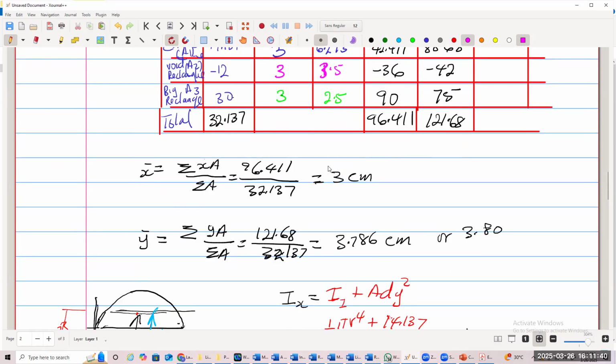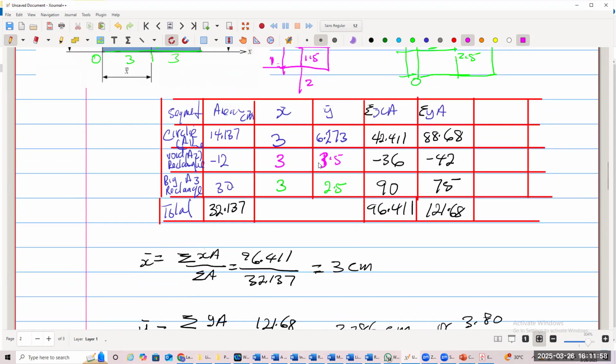Hold on. The second one, working out the inertia. It was 1.5. So let's check the distance that we have here. So for the void section, your y was 3.5.